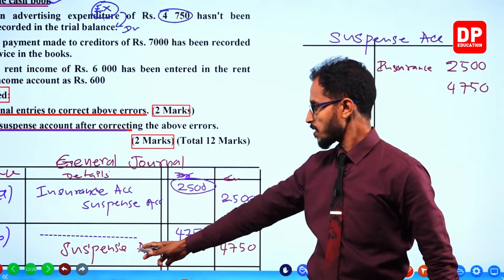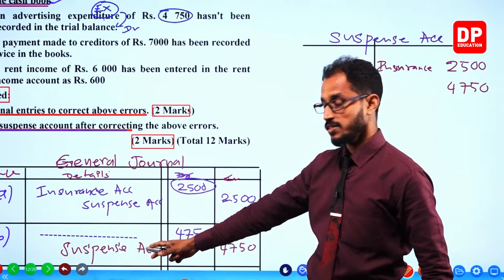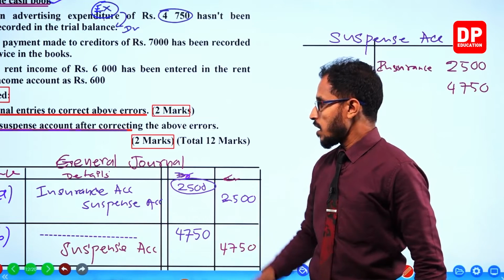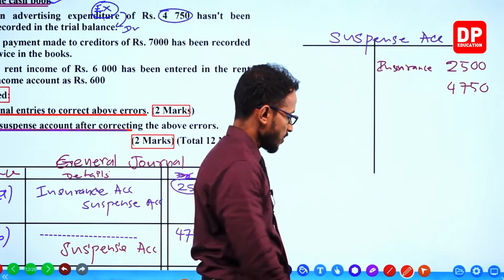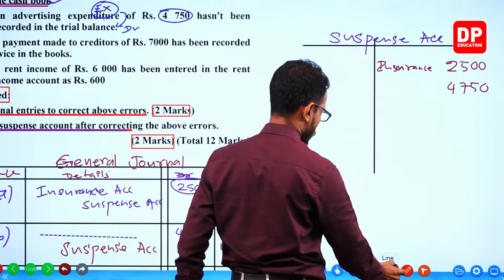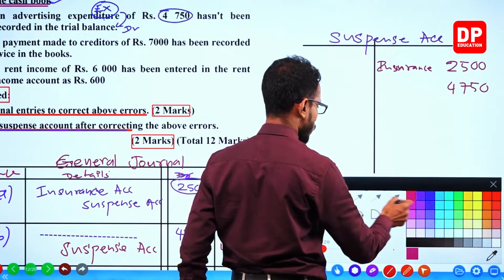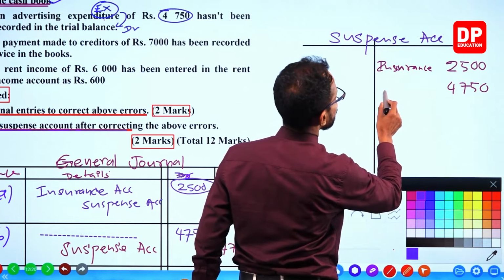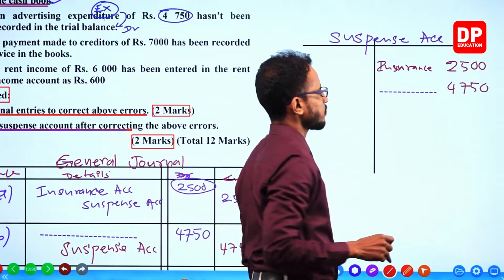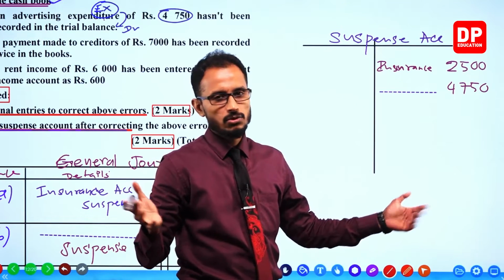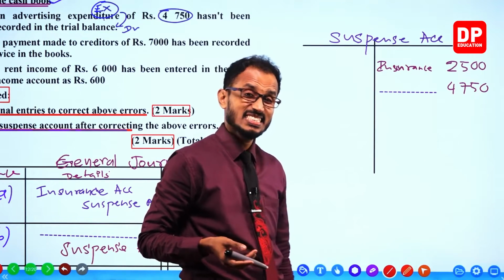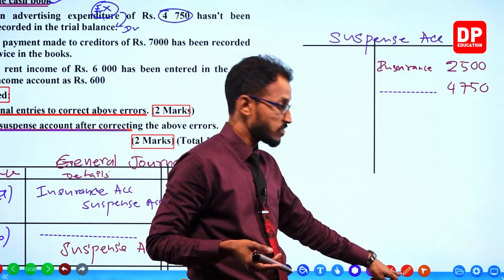Okay, this is what we put. Don't mention anything, because we don't mention the name trial balance. Just put a dot line or something. That's the tradition. That's the way we do it.